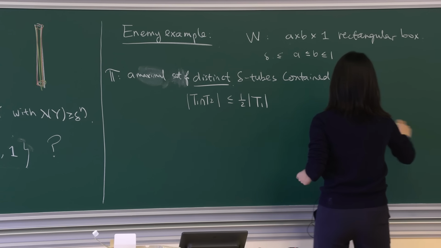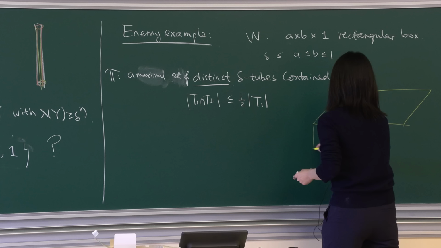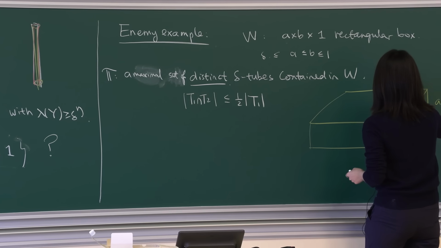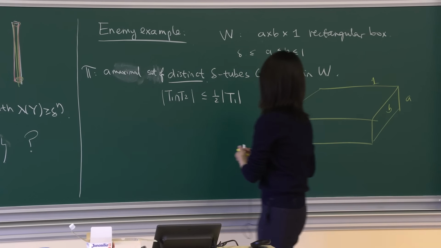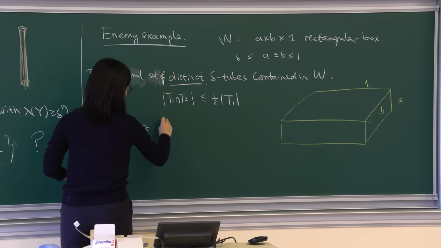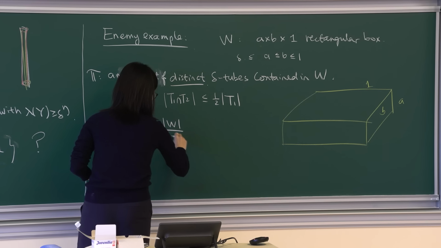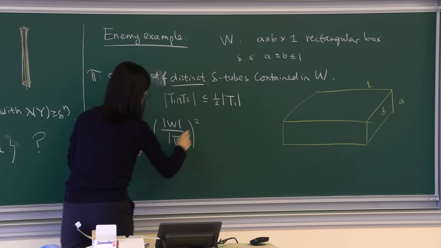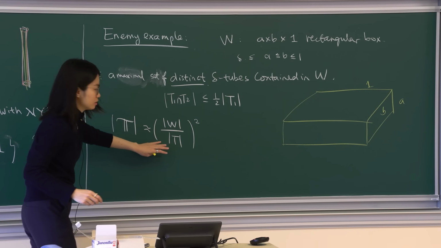So here, this is a box, A, B, and 1. The number of T is roughly the volume of W over the volume of T, squared.